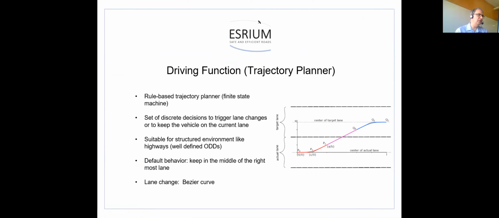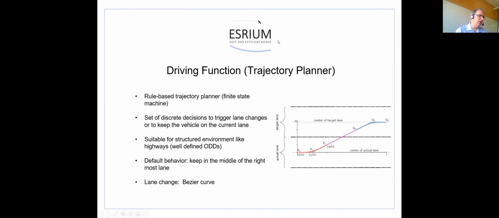Okay, for these use cases, we use a rule-based trajectory planner. It has a set of discrete decisions to trigger lane changes or keep the vehicle on the current lane. It is suitable for structured environments like highways, not for towns or country roads.